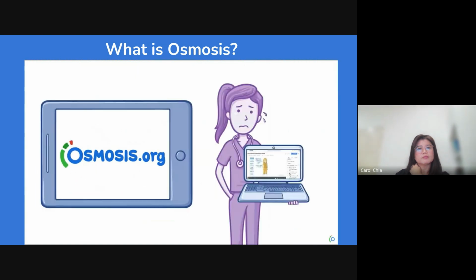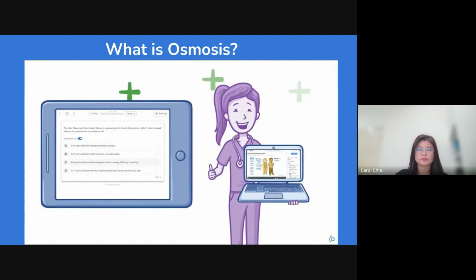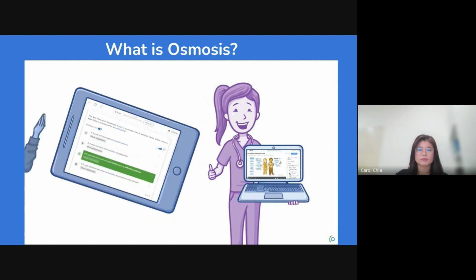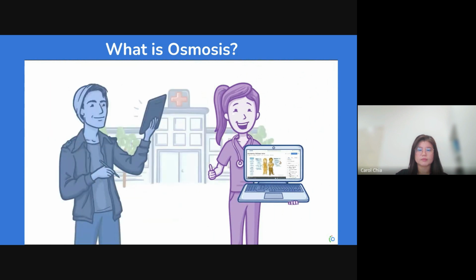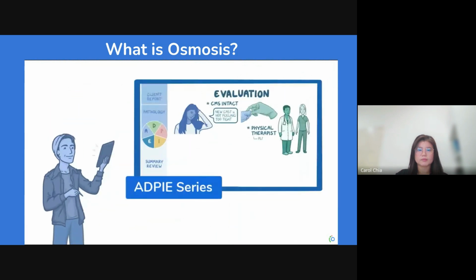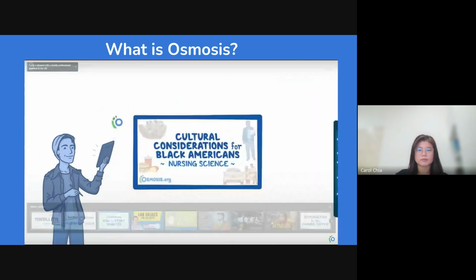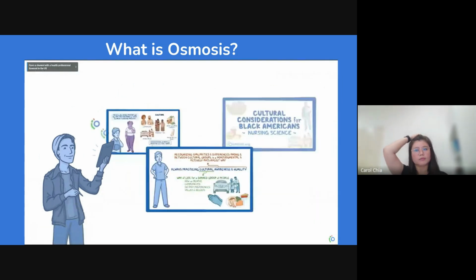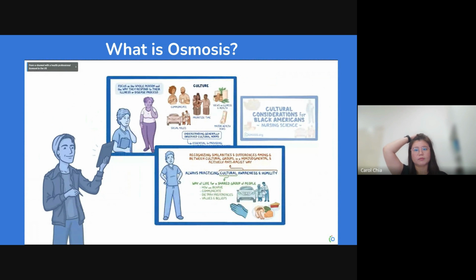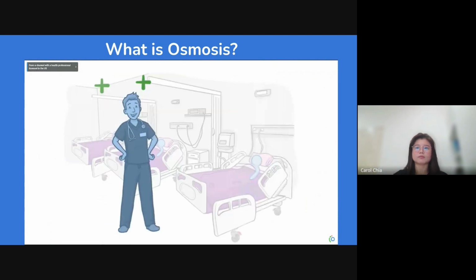Not only will you learn what you need to pass your exams, these powerful new tools give you the knowledge you'll need in the real world. With Osmosis, you'll become a nurse who has a deep understanding of the nursing process. You'll master complex subjects like pharmacology and pathophysiology. You'll gain a deeper understanding of your clients so you can make confident decisions and provide better care, and feel more secure in your abilities.